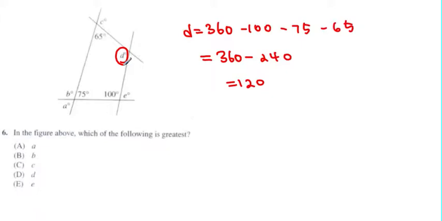But we have to check upon other values, C and B. B will be equal to 105, because supplementary. And C seems to be supplementary to 65. Then in fact, wait a minute, this becomes 115, very close to add up to 180. And A and E are the acute angles. So therefore, our answer seems to be D.